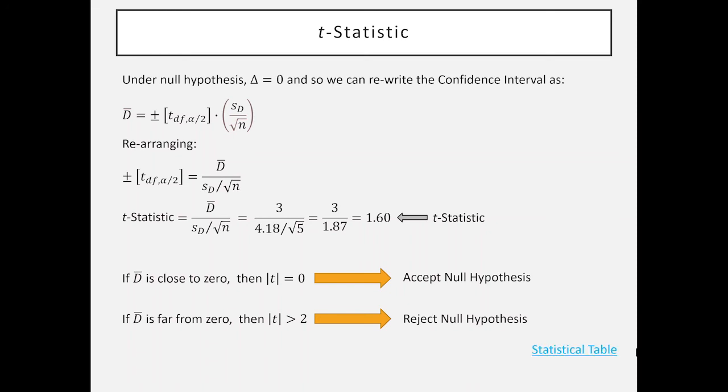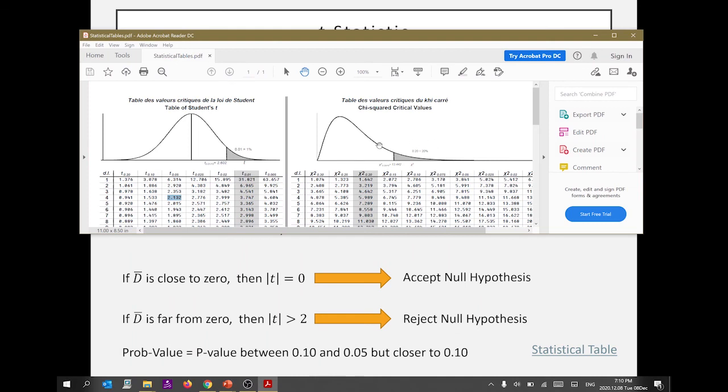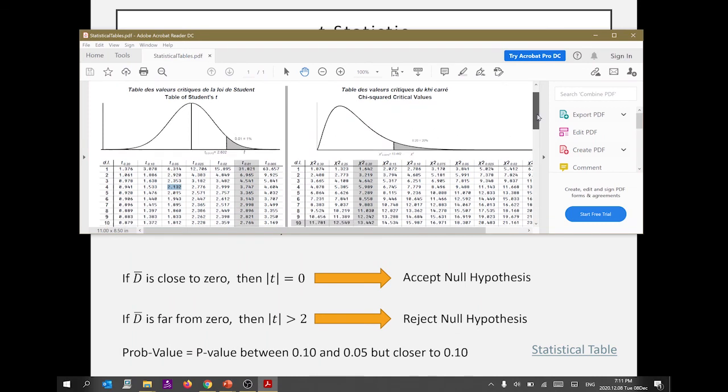Another way we can look at this is to go back to the statistical table. We know the t-statistic is equal to 1.6. If I go back to it, you'll see that t must be somewhere between 1.533 and 2.132.